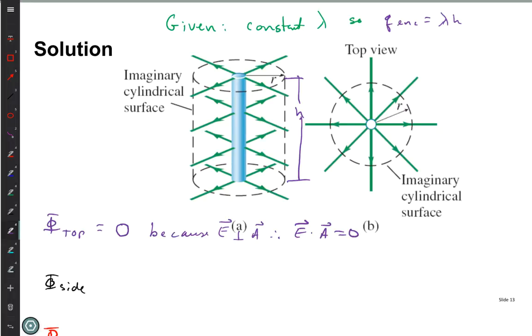Question, Freddie? Okay, so we're looking down at it. So we got a circle. We have 2 pictures, a side view and a top view, so we're doing the top view right now. Okay. So we had a sphere before. So how is this one perpendicular versus the other one parallel? Okay, if we look at the side view on the left, the area for the top is pointing up.